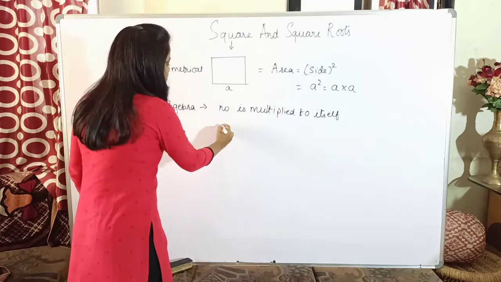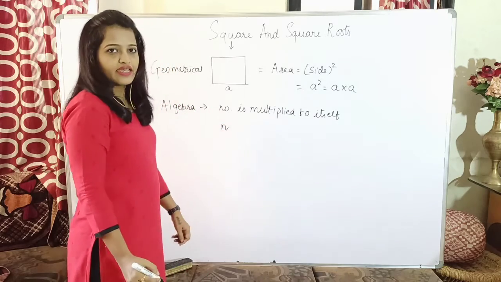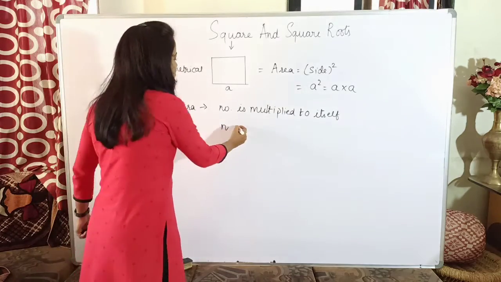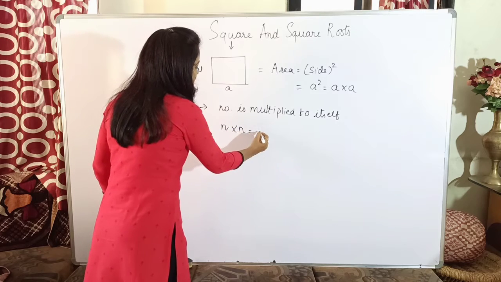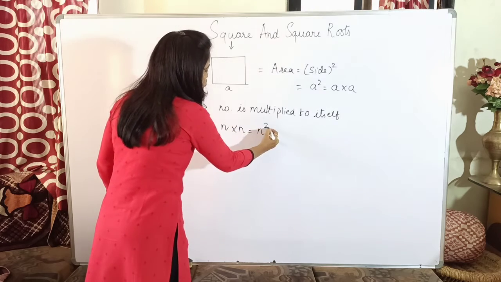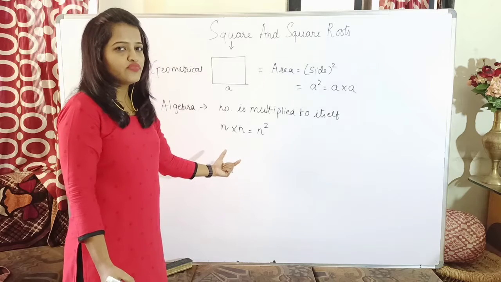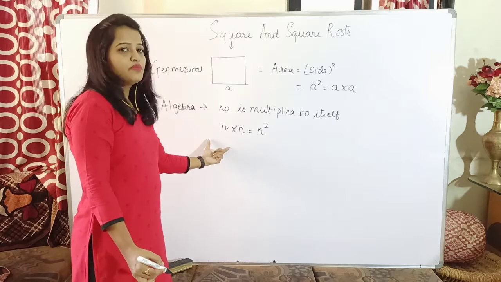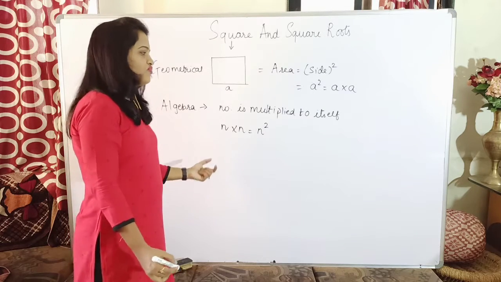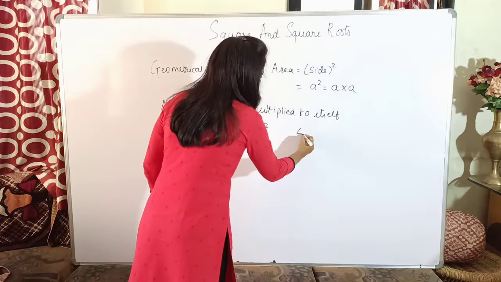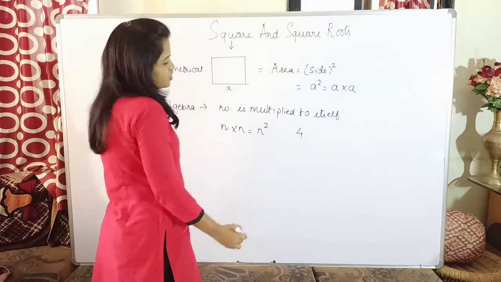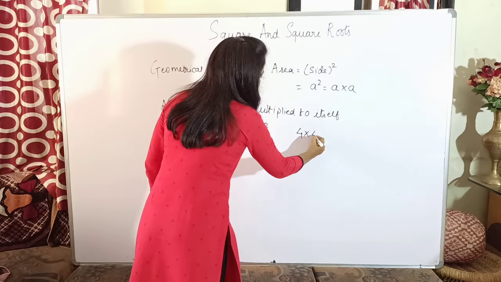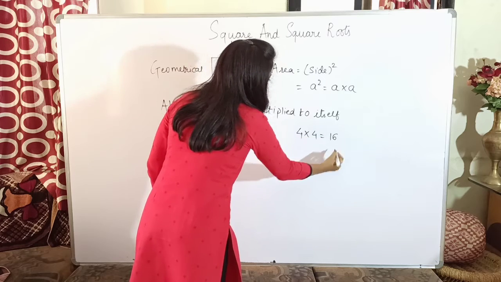Meaning, if I am considering a number n and multiplying n with itself, it could be read as n square, and the value you get will be the square of that number. For example, let us take n as 4. When I multiply 4 with itself, I get 16.